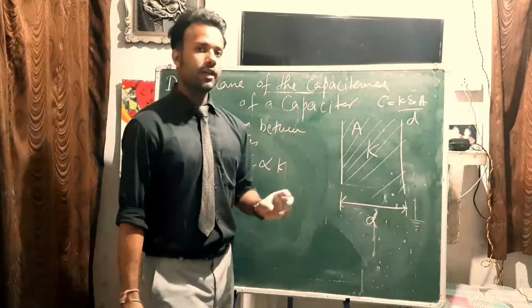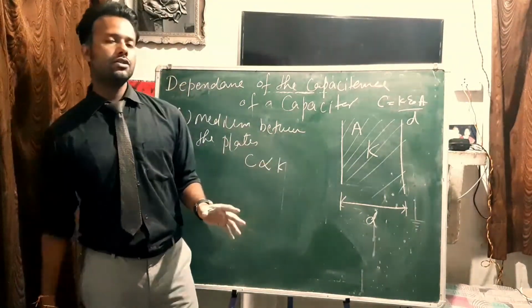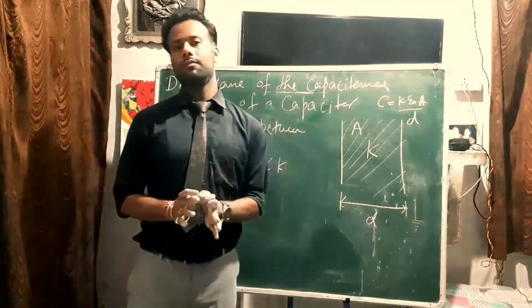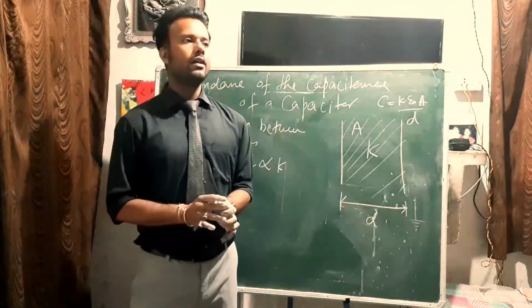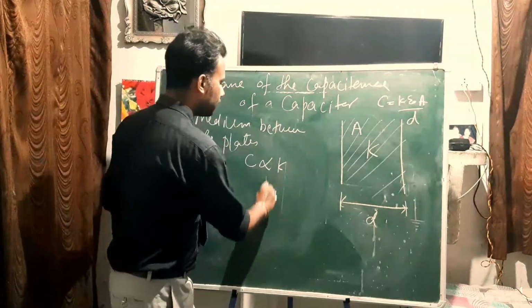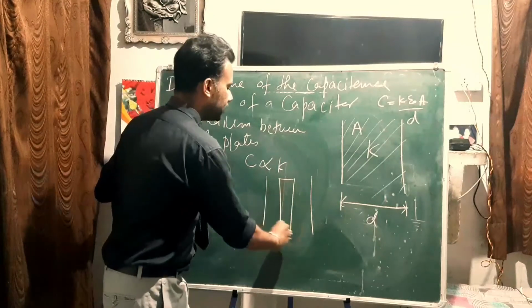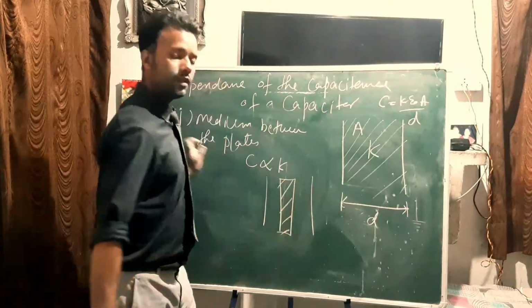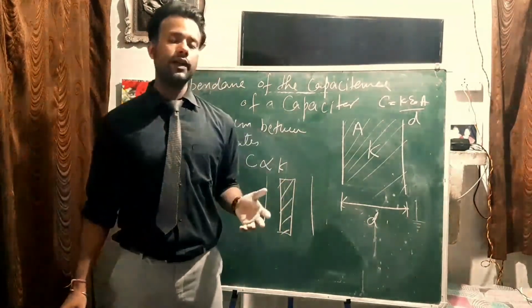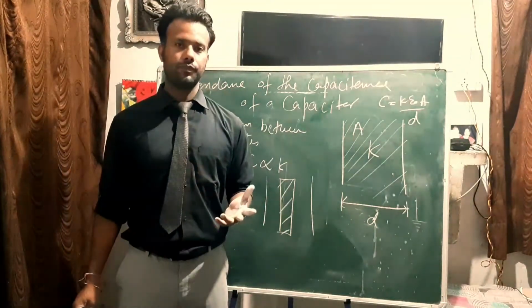There are some special cases when the dielectric is not completely filling the space between the plates, but has been placed like a slab. What if I place a dielectric slab between the plates? How will it affect the capacitance of the capacitor?